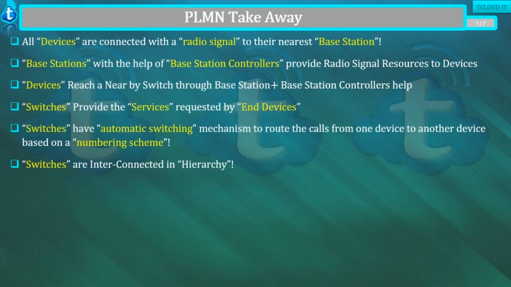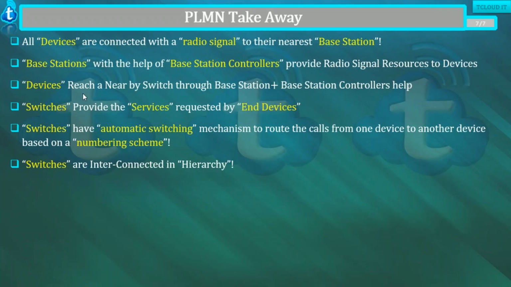But ultimately, the devices will reach a nearby switch which will be making the service decisions. Always the switches are the ones who decide about the services, whether a service should be provided to a user or not, because the switches are the ones that have the databases. They can make the decision about whether a service should be provided or not.